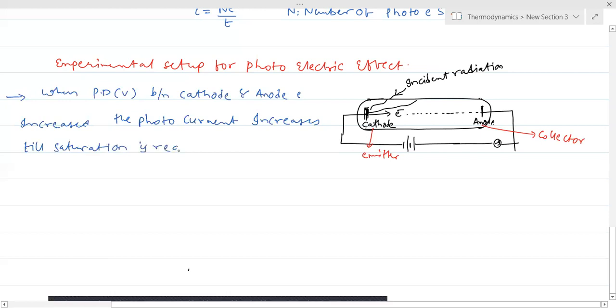Suppose initially you emit 100 electrons; because of the low potential, not all of them may be attracted by the anode.